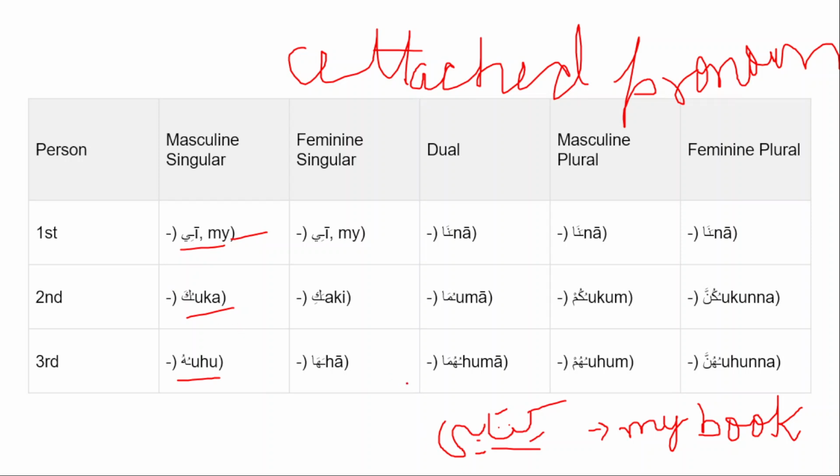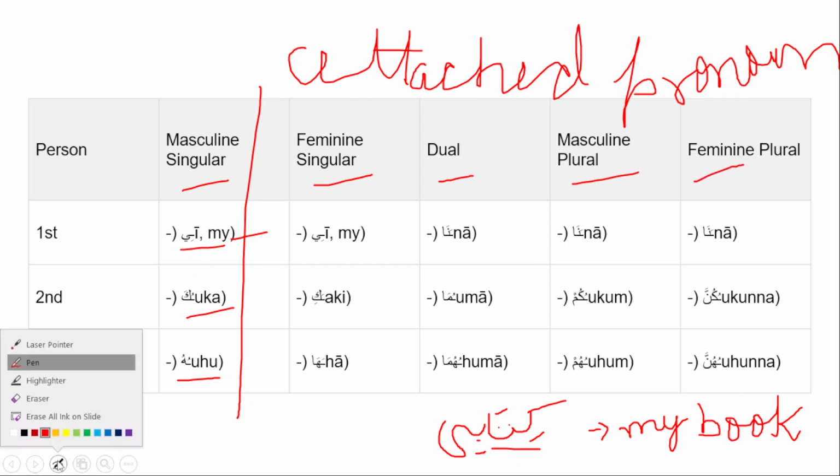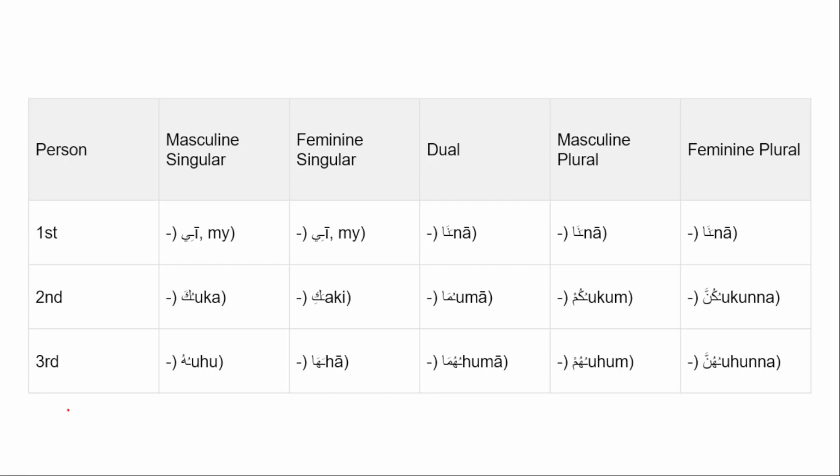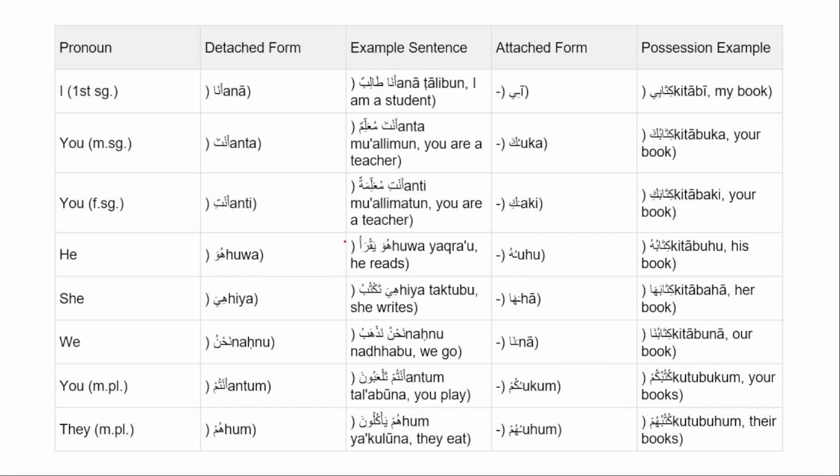If it is your, it will be kitabuka, and his is kitabuhu. This was just an example for masculine singular. You can have the same for feminine, for dual, and for masculine and feminine plural. Just keep all of these in mind.